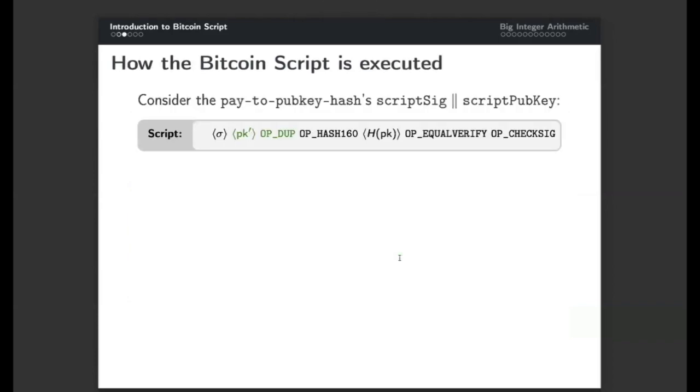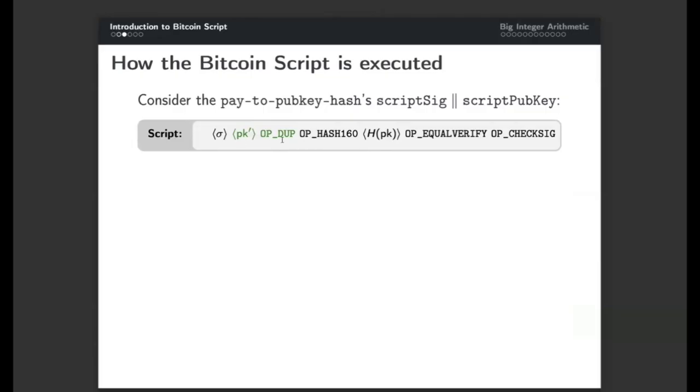Now, to introduce the notation a bit and to give a grasp of how Bitcoin script operates, let's give the example of spending coins using the pay-to-pubkey-hash script. Suppose that we provided the valid signature and the public key, and then we concatenated the part which stands for the condition for spending the coins.